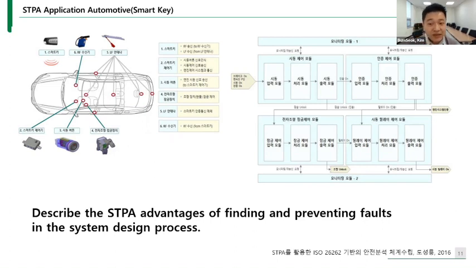It is a simple example of a smart key vehicle. The control structure has been configured as modules linked to the smart key. The smart key has a connection with 5 modules of the vehicle system. This research describes the STPA advantage of finding and preventing faults in the system design process.